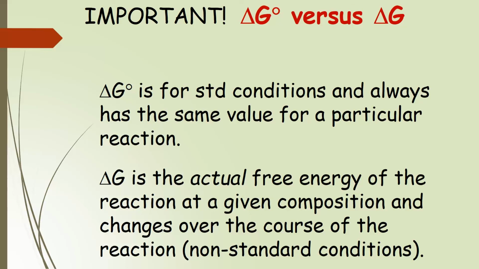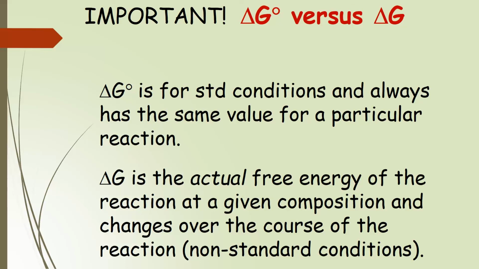But del G is the actual free energy of the reaction at a given composition and changes over the course of the reaction. That is the non-standard condition. It means the value of G is actually changing if we don't take the assumptions.